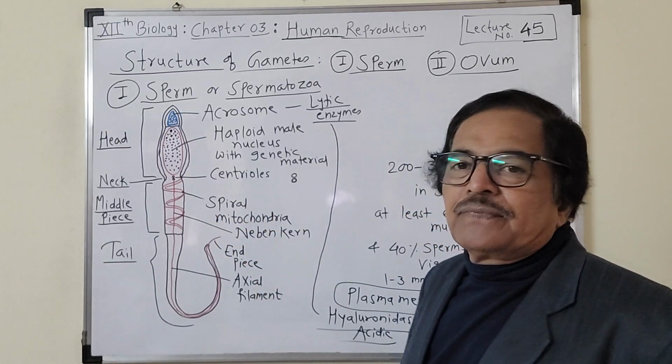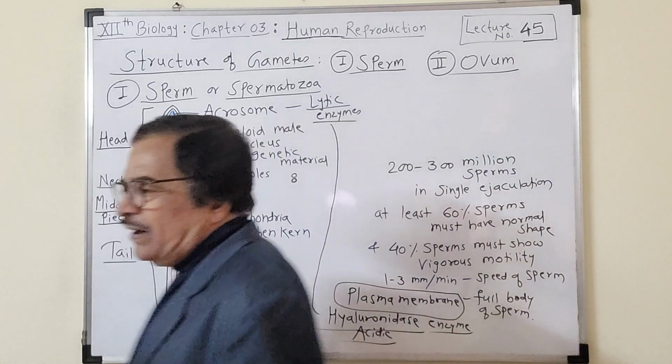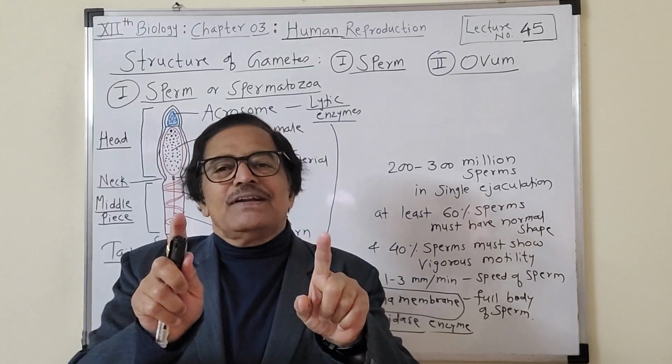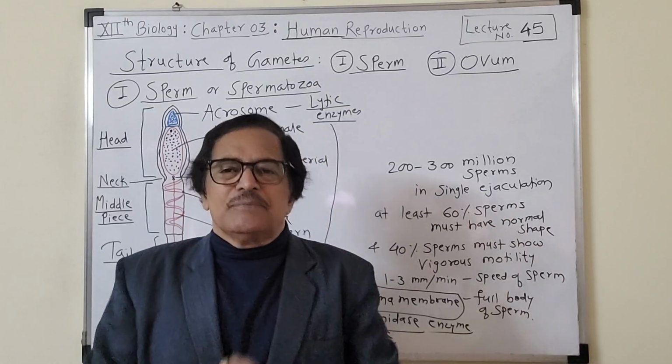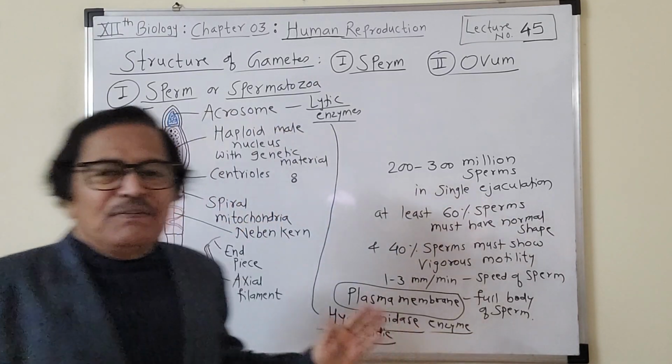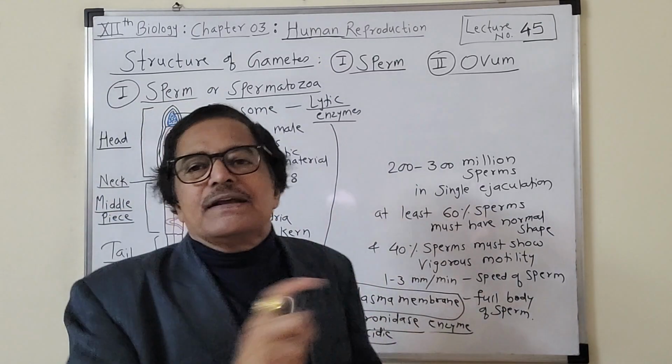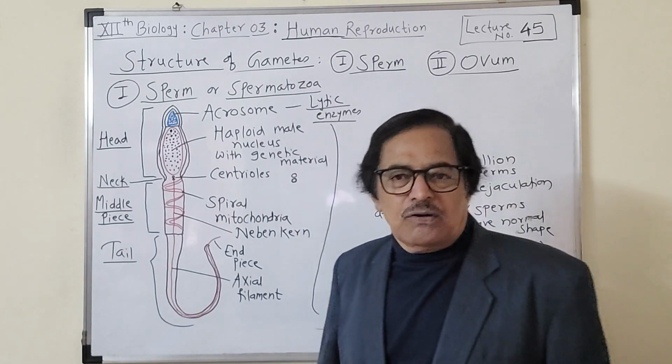Nebenkern. If a match-the-following question comes, then definitely Nebenkern is the term related with sperm. This Nebenkern is an axial filament around which many mitochondria are spirally coiled.